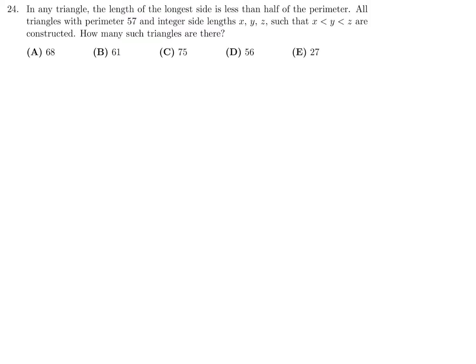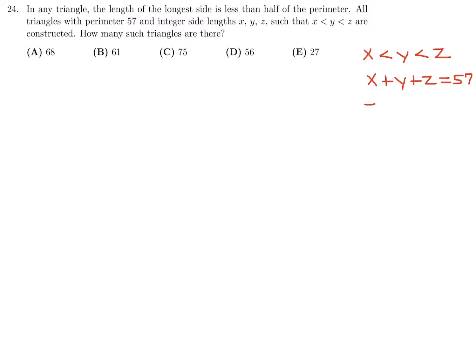We have a few rules to follow. I'll put those rules here on the side. The first thing, of course, very important, is that these sides are in this kind of relationship: x is less than y, y is less than z. And then the perimeter, of course, is the sum of those, which is 57. And another thing they told me is that the longest side is less than half the perimeter.